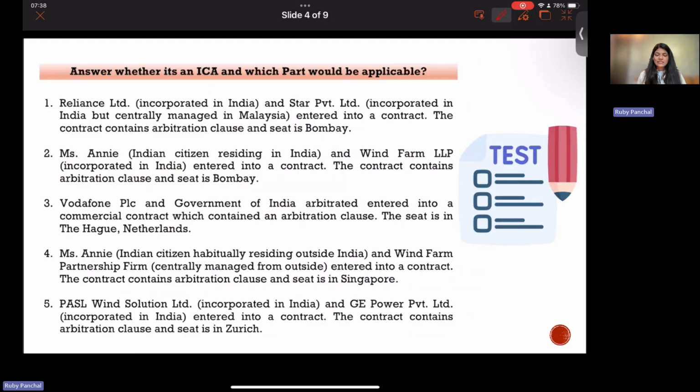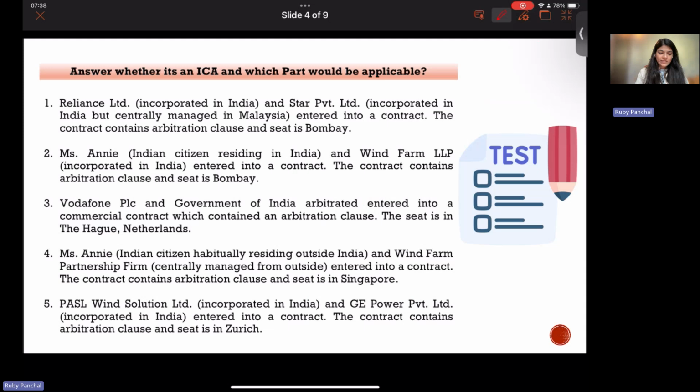All right, let's discuss certain cases, right? And let's see if we're able to interpret this term accordingly in part one. Remember, part one was where arbitration is seated in India. Now let's read the examples.